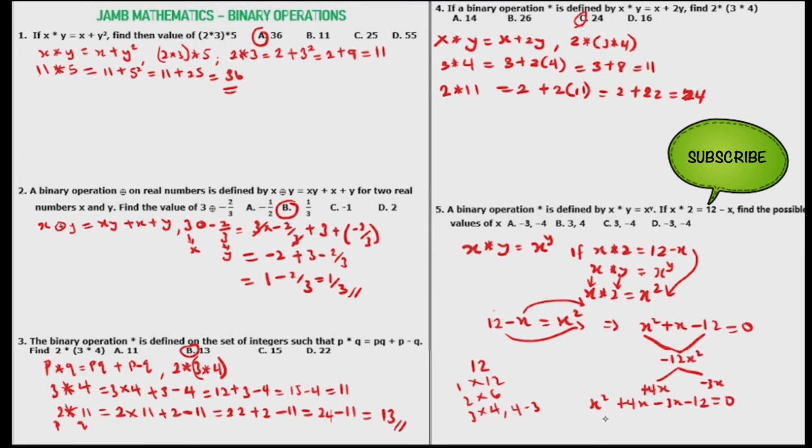So what do we now have? We have x open bracket x plus 4 bracket close, minus 3 into bracket x plus 4 as well.